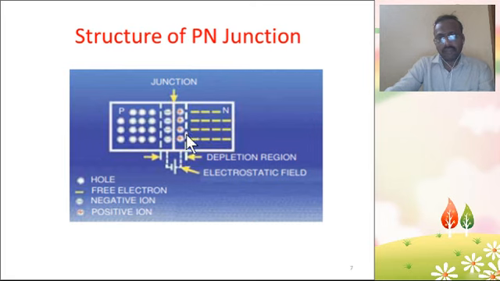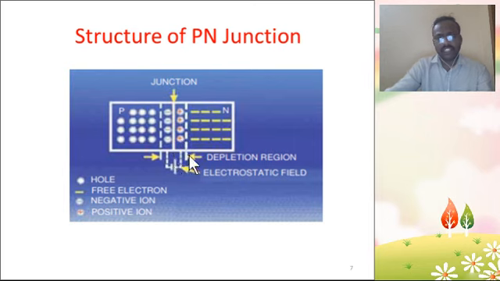This is the N side of the PN junction. On the P side, holes are majority carriers and electrons are minority carriers. On the N side, electrons are majority carriers and holes are minority carriers. So these are negative ions. These are the positive ions.